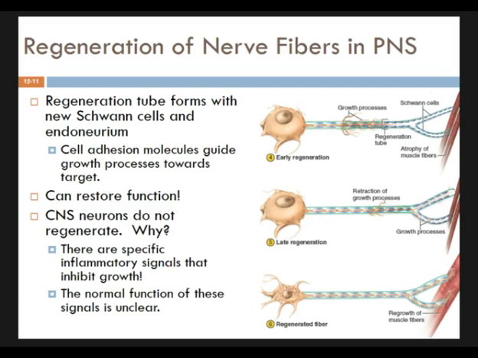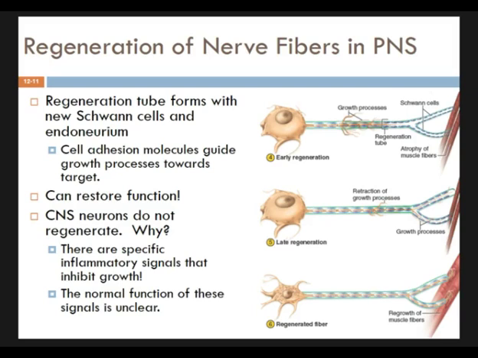And some of these processes will make their way into what's called a regeneration tube, which is where new Schwann cells, which are those glial cells, will regenerate down here. So they're dividing and propagating. They will get into the endoneurium tube, which is that connective tissue sheathing, and the result is you get almost like a little straw that leads your way down to where that axon is eventually supposed to go.